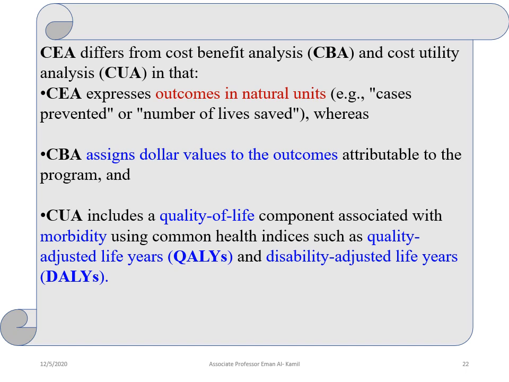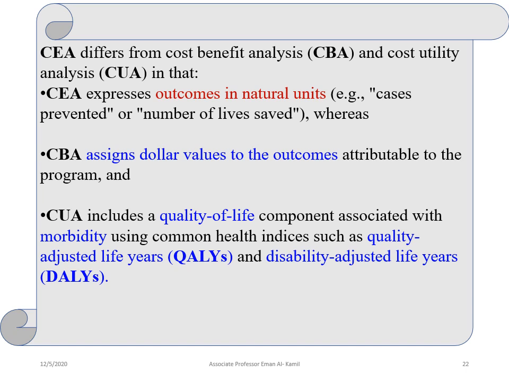So فيحسبوها يعني قد انه هذه راح تكون خسارة على الأهل أو على الهيلث كير سيرفيسز. So the quality of life component associated, they took in consideration the quality of life of the individual associated with the morbidity using common health indices اللي هي quality adjusted life years and the disability adjusted life years. فياخذون بنظر الاعتبار يحسبون ايش قد الفائدة من هذا البروجرام إذا هو راح يعيش انه disable على سبيل المثال.